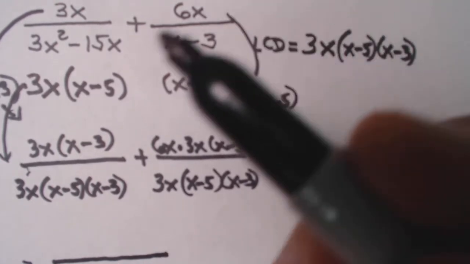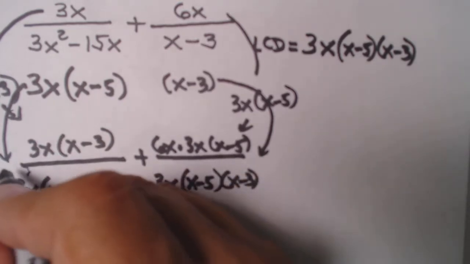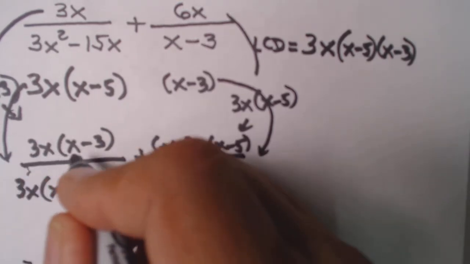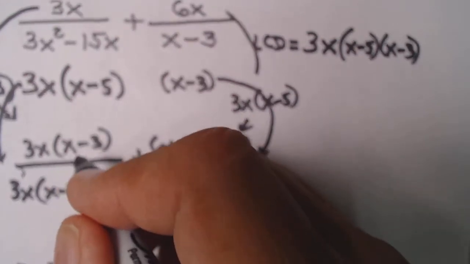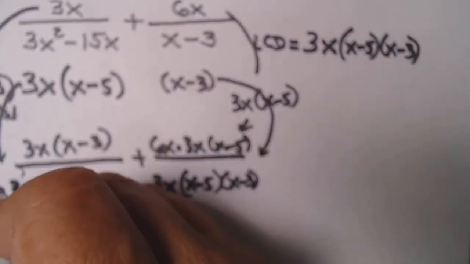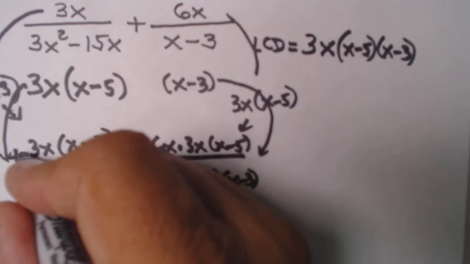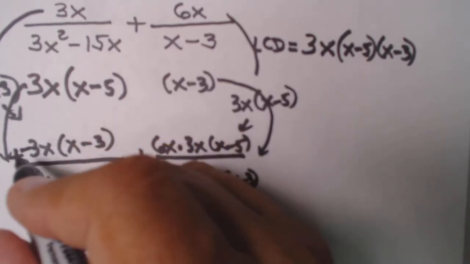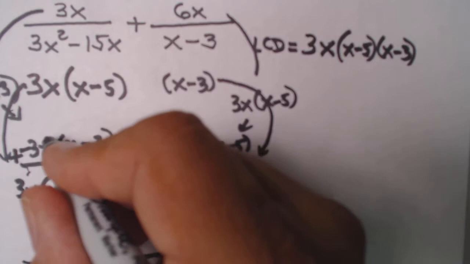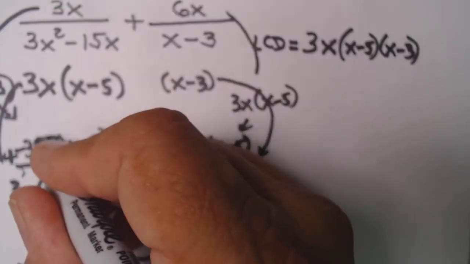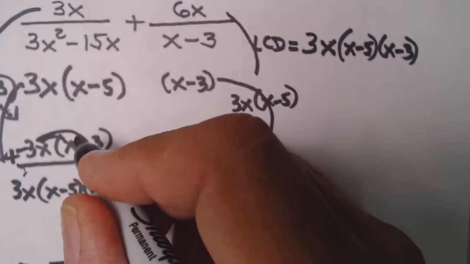Now, the next thing we have to do is distribute in, to figure out exactly how much we have for each of the numerators. Remember, if you don't see a sign in front, it's officially a plus. So we take that plus and glue it to the 3x, so this is plus 3x, and then we distribute that plus 3x in.